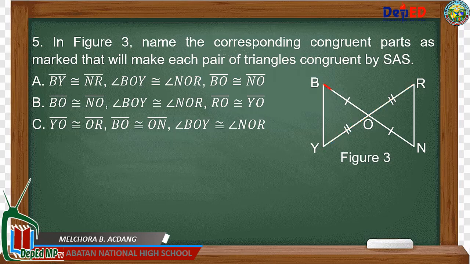Line segment BO is congruent to line segment ON, and angle BOY is congruent to angle NOR. Letter D, angle B is congruent to angle N. Line segment BO is congruent to line segment NO, and line segment OY is congruent to line segment OR.